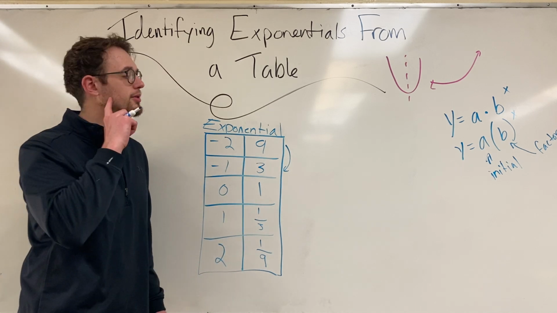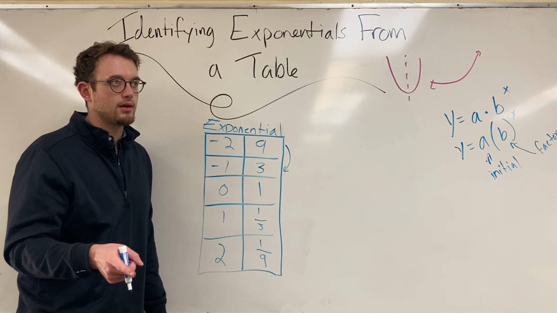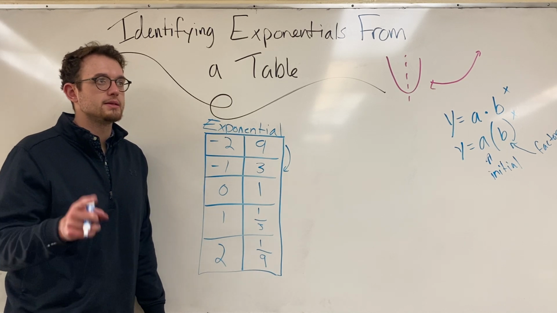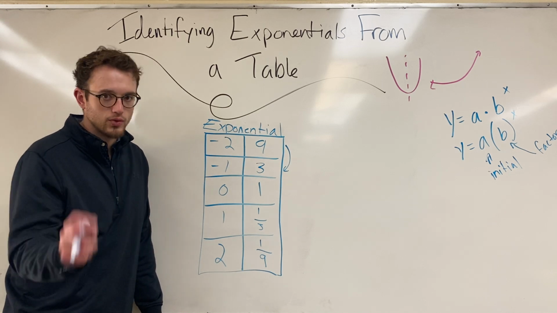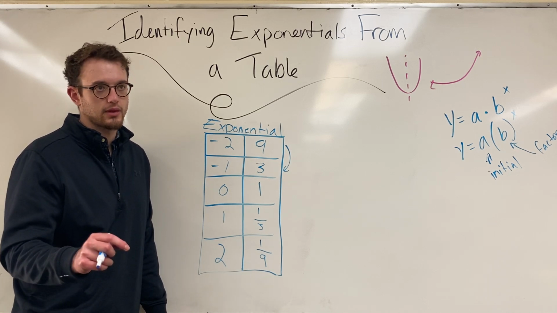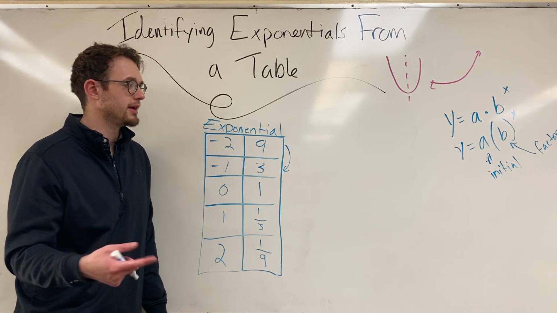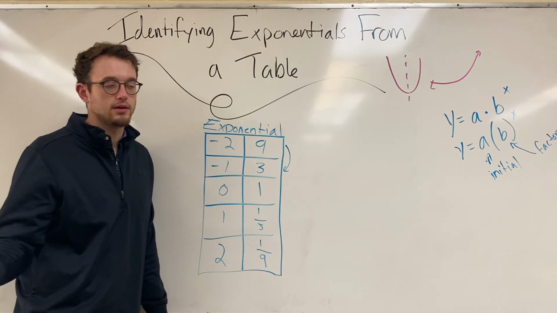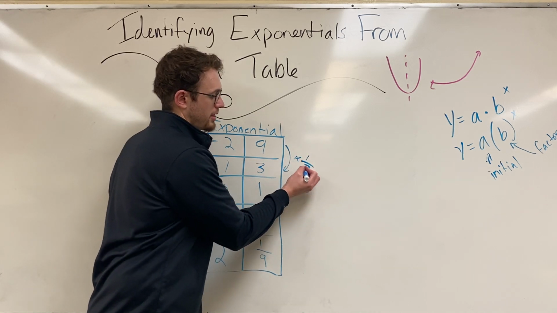Now, a lot of you in your head are thinking, okay, that's divided by 3. But what is the same as dividing by 3 when you're multiplying? Division is just putting something on the bottom of a number, right? 9 divided by 3. Instead, why don't we just multiply by 1/3?